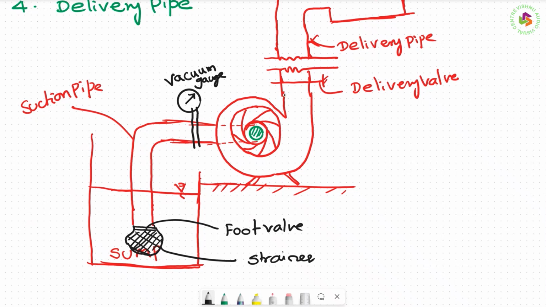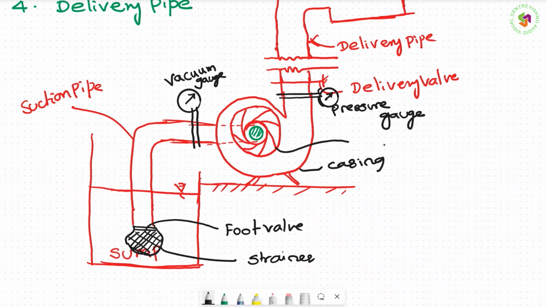On this, we have a pressure gauge, right? So this part is called the casing. This is what we call the impeller. See the components, and this is how it will be rotating.